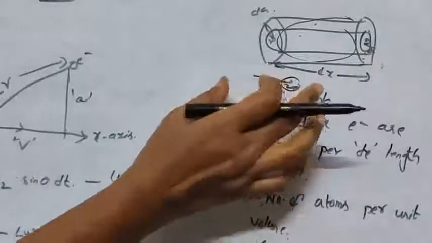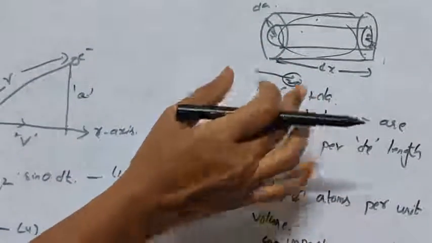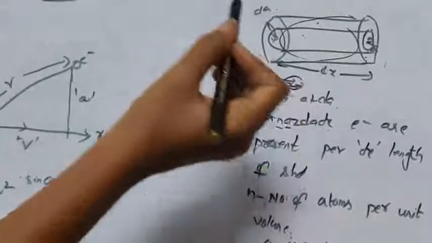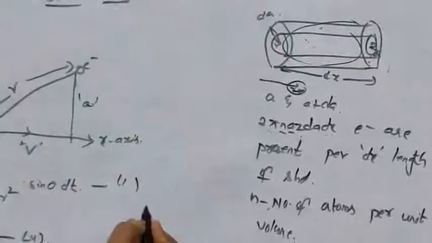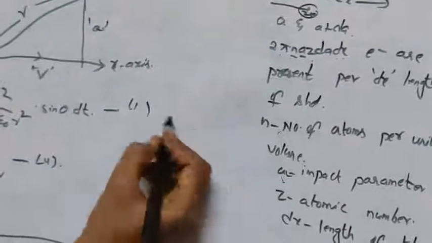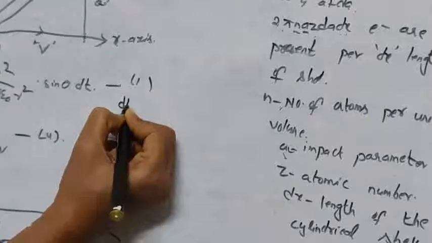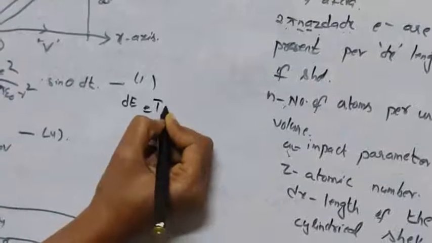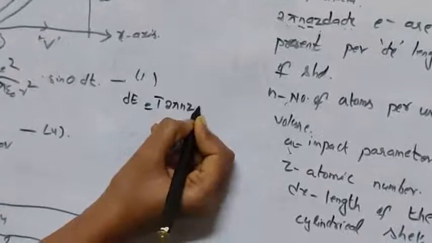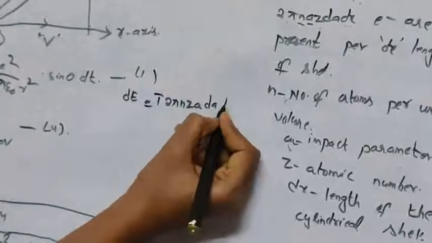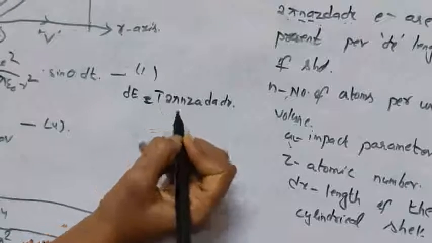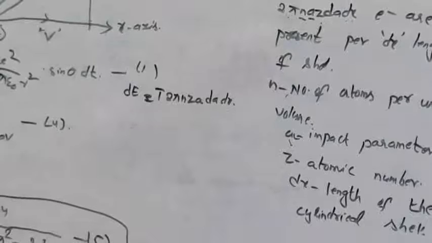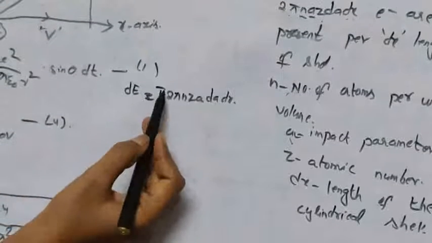So now we consider the equation which represents the transfer of energy from the charged particle Ze to the electrons present in the shell, and it is given by dE is equal to T 2 pi N Z A dA dx.